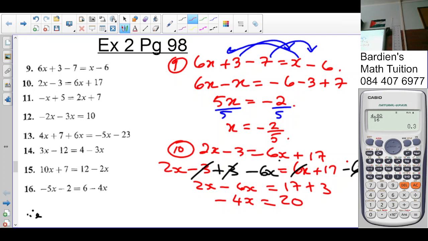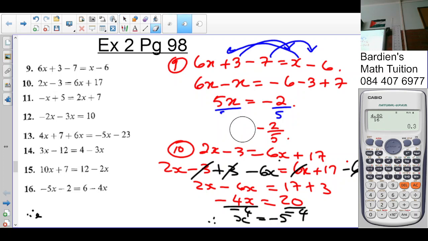So how do we get x on its own? Divide by negative 4 over negative 4. And then x equals negative 5. It's correct.